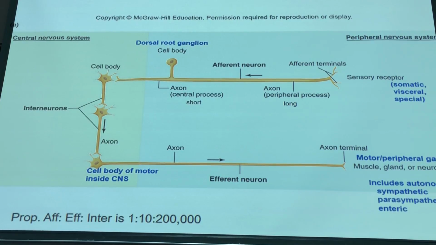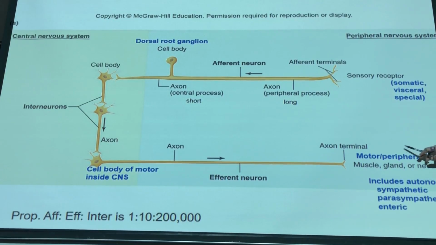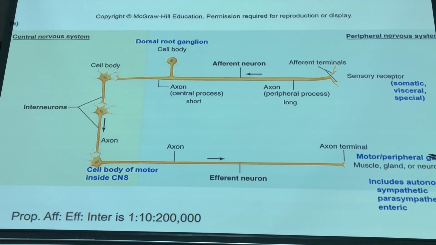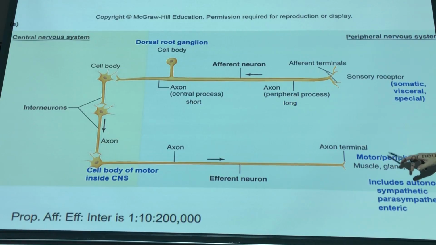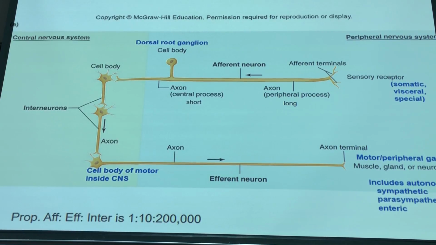So this part of this efferent part includes not only motor, voluntary motor information, but it also includes the automatic or autonomic part of the nervous system, okay? And it has three major components. Just learn them right now. The sympathetic system, the parasympathetic system, and the enteric, okay?